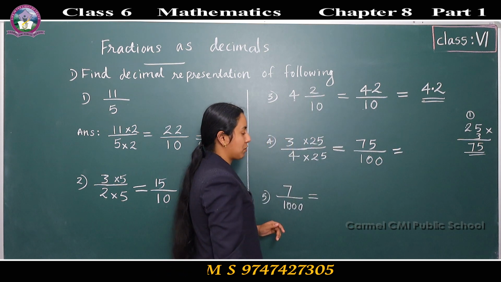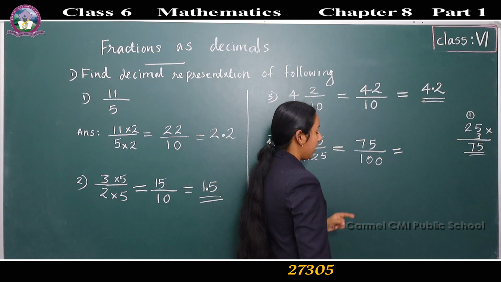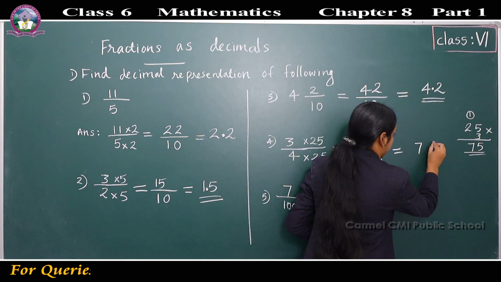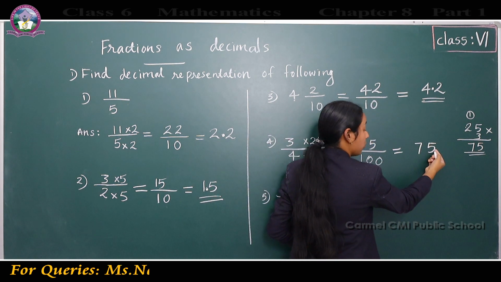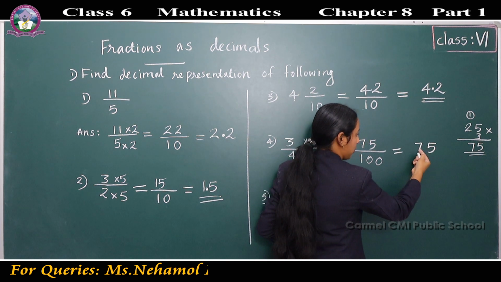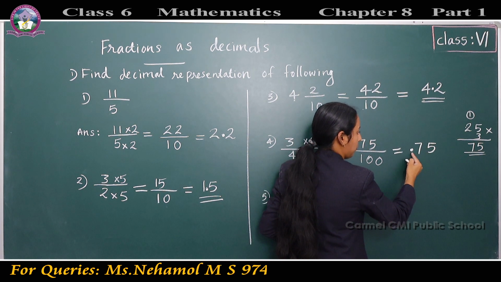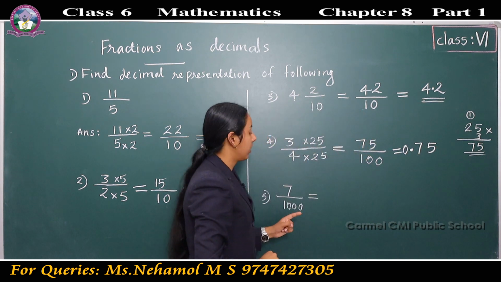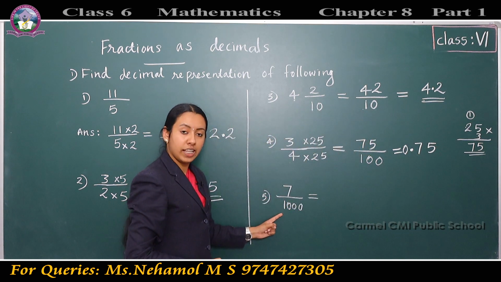Then what is the corresponding decimal? 2 zeros in the denominator. Write the numerator itself. Count 2 places. 1, 2. Put the decimal point. 0.75.